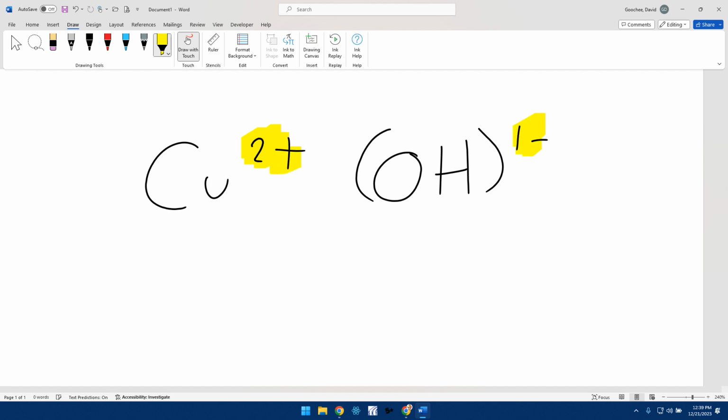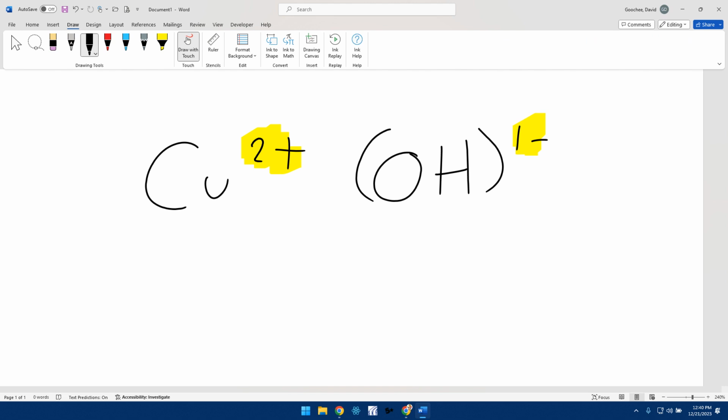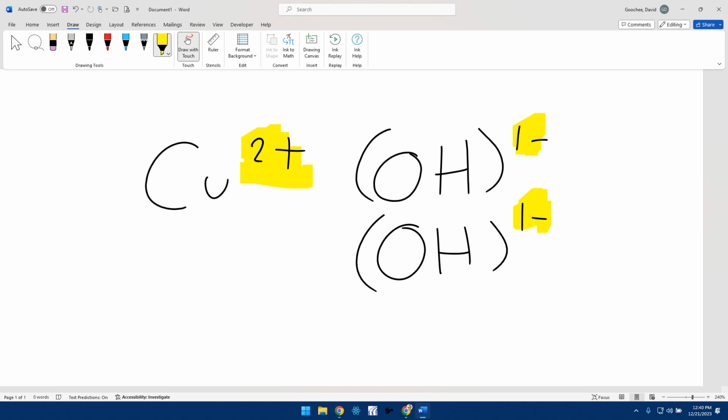That's 2 plus, that's 1 minus. The charges aren't going to cancel. But if we had another hydroxide here, now the charges do cancel. The 2 plus from the copper ion will be canceled out by both of these 1 minuses.